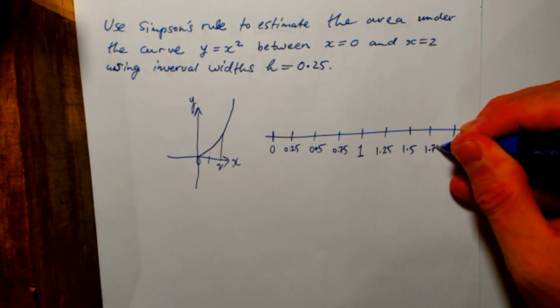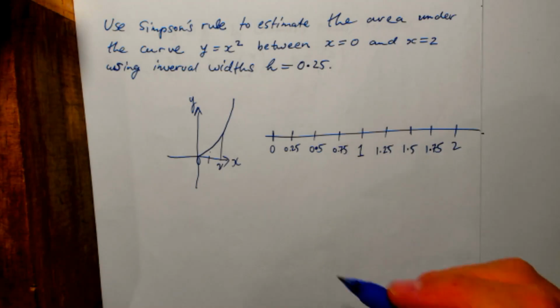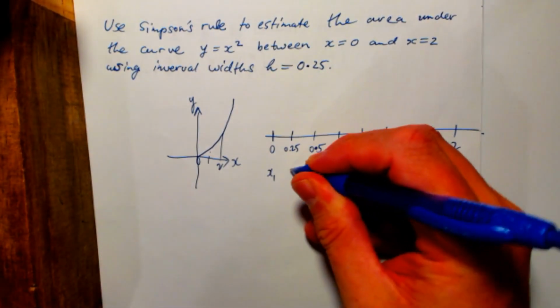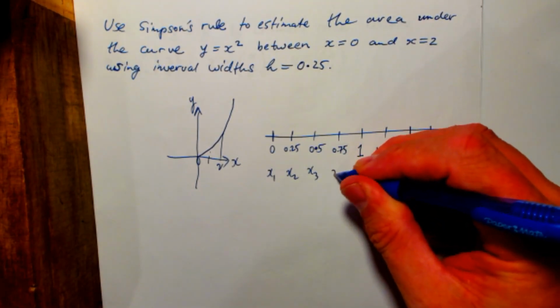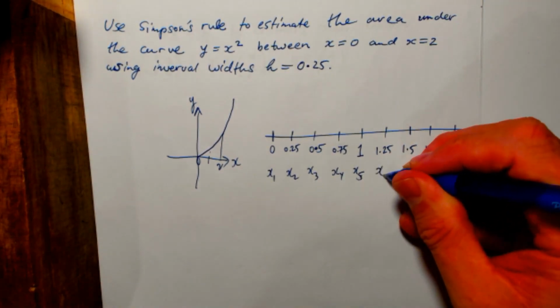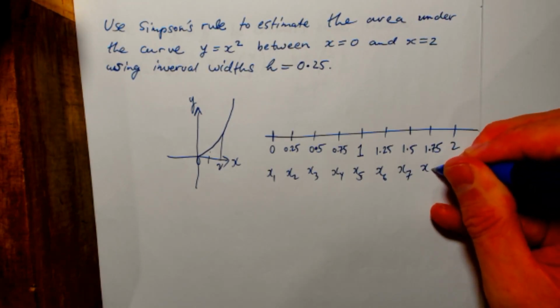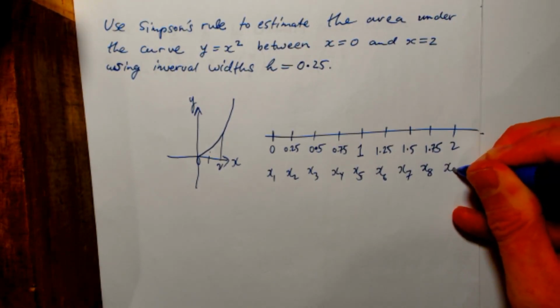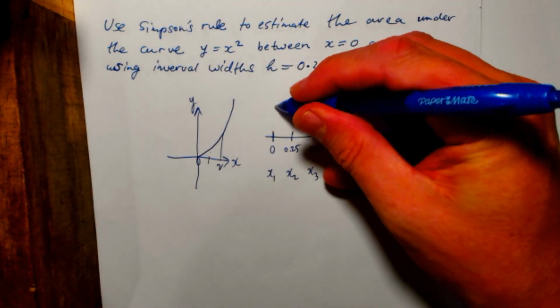So these are all the places where we're going to evaluate y. So this would be x1, x2, x3, x4, x5, x6, x7, x8, and x9.